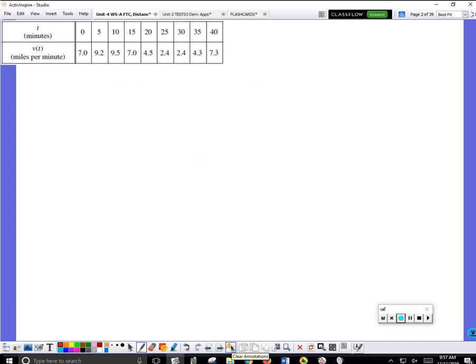Oh, you need to memorize this word as well. On the AP test, they don't always use the word displacement. They sometimes use the phrase change in position. Memorize that. Whether you see the word displacement or the phrase change in position, same thing. Question? Okay, cool.